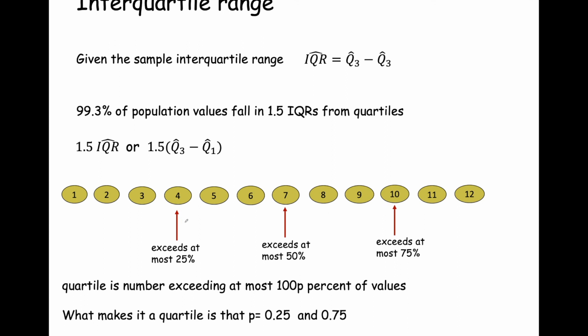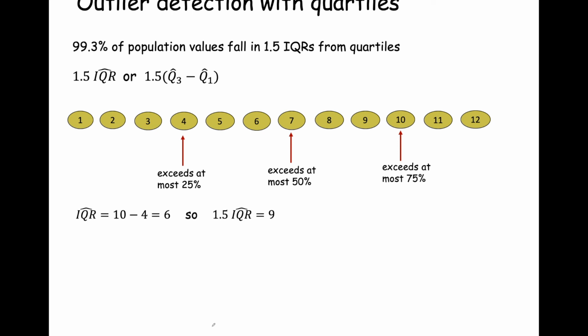Okay, so now we call this Q1, has a value of 4, Q2 has a value of 7, Q3 has a value of 10. All right, so now the IQR hat, the sample interquartile range, Q3 is equal to 10, Q1 is equal to 4, so the IQR is 10 minus 4, which is just 6. Okay, and so knowing that we have an IQR of 6, 1.5 IQR is 1.5 times 6, that's just 9.